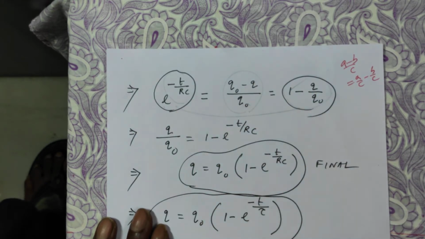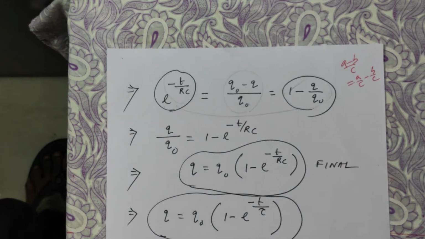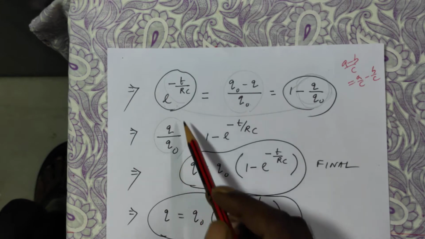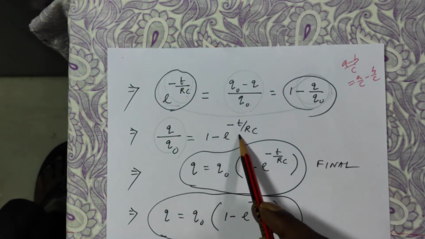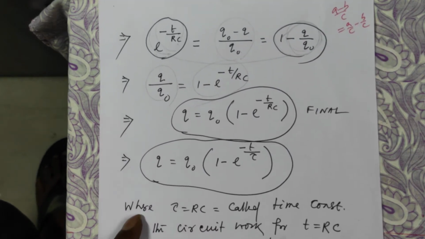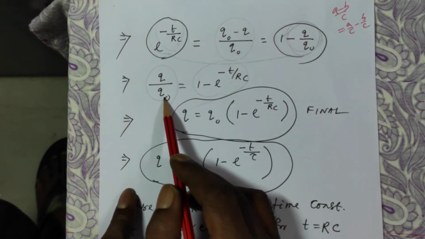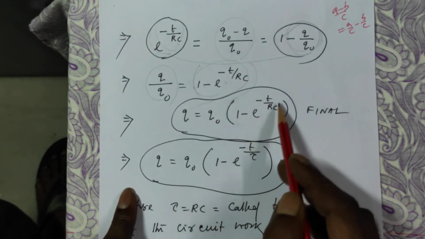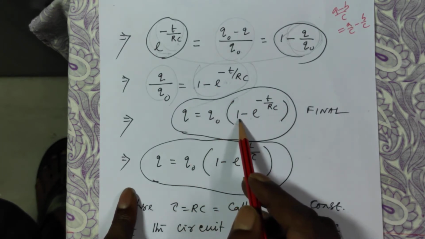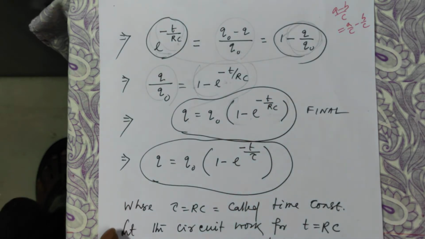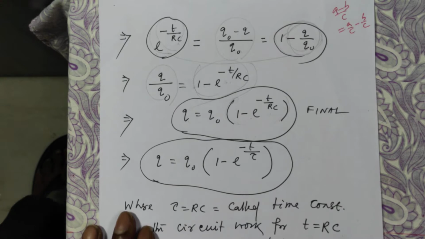Now bring this term to the left hand side, this becomes positive, take this to the right hand side, so 1 minus e to the power minus t by RC. Now cross multiply. This was in the denominator, so it comes to this side; there are two terms, so this will be kept in a bracket. So q is equal to q naught within bracket 1 minus e to the power minus t by RC.